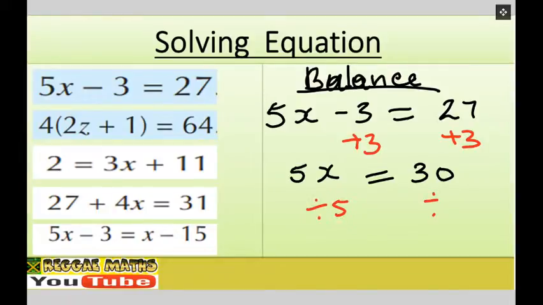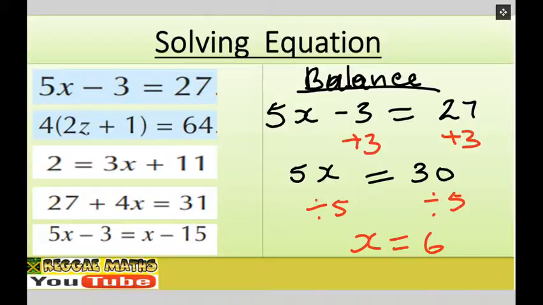Dividing both sides by 5, x equals 6. So this is known as the balancing technique.